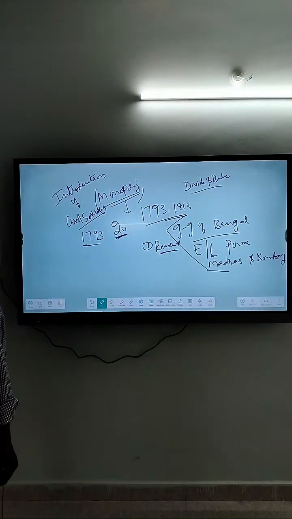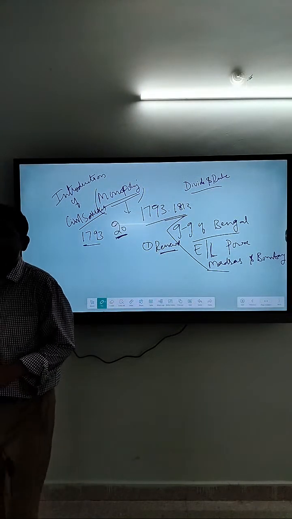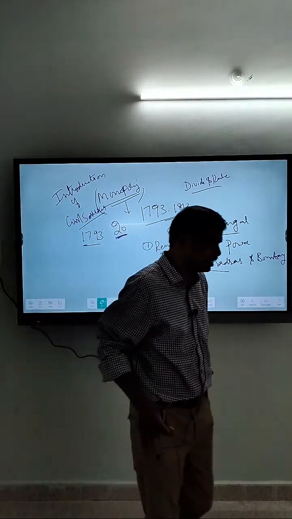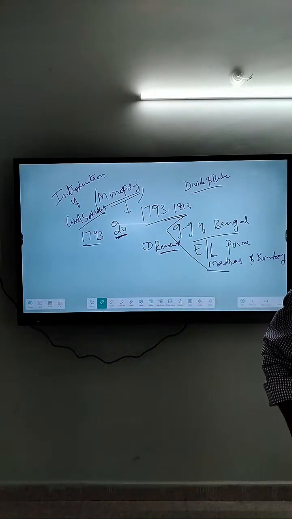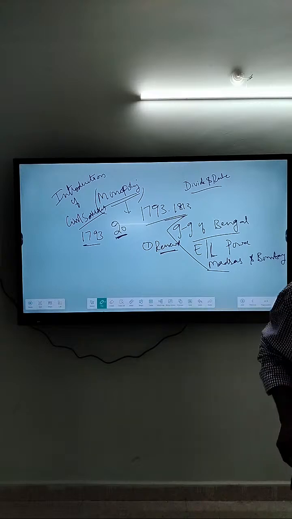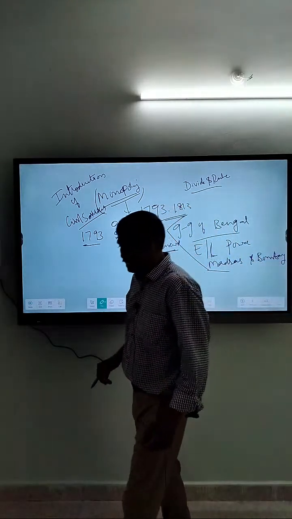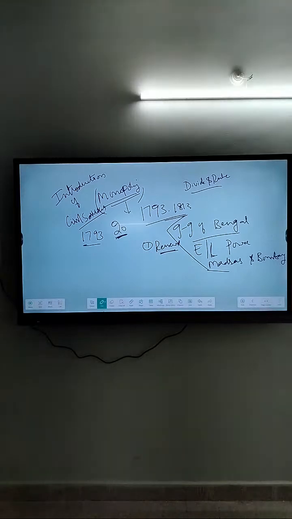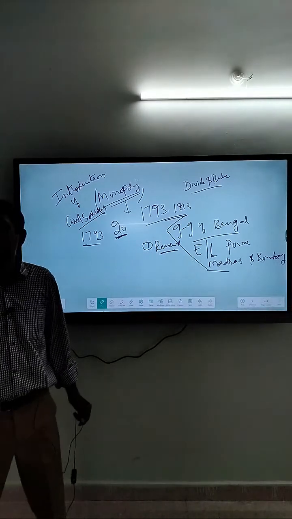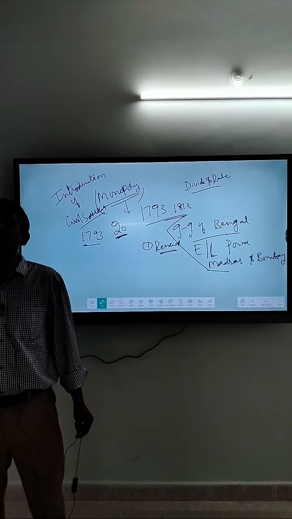So Lord Cornwallis is regarded as the father of civil services. Though he introduced civil service in India, there was discrimination against Indians in it. Indians were not allowed to join the covenanted services.